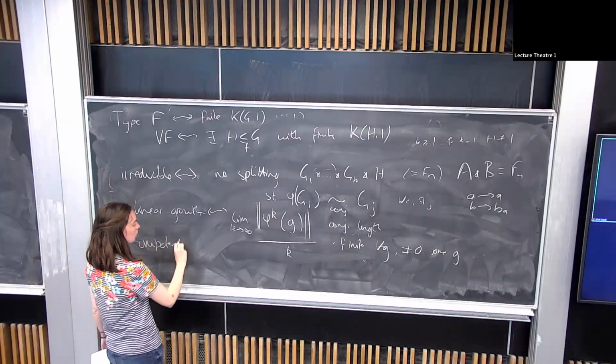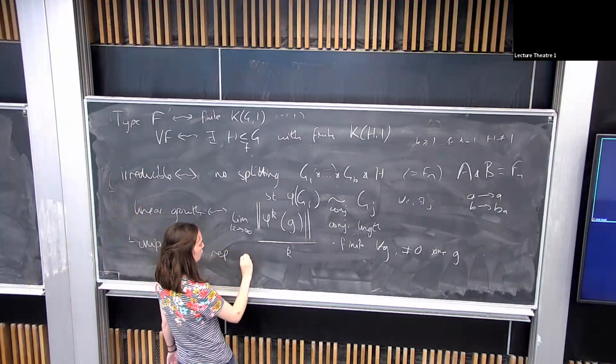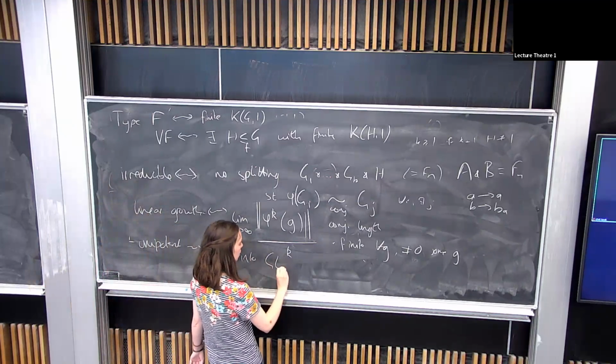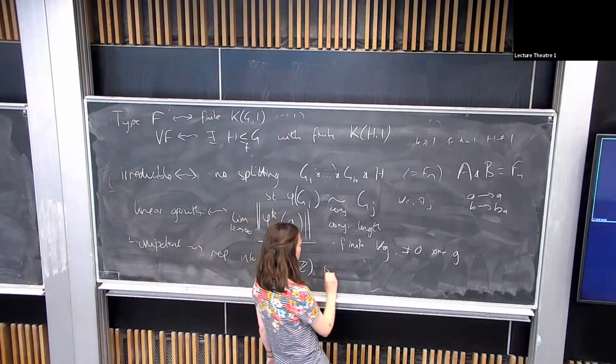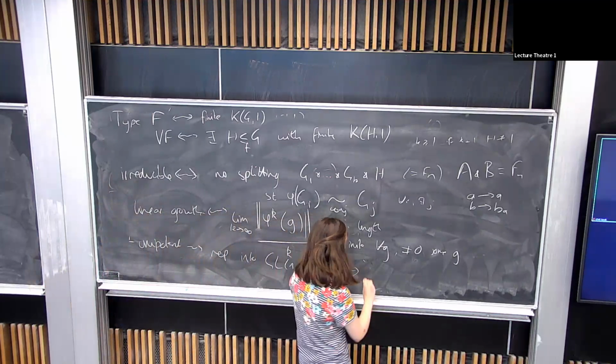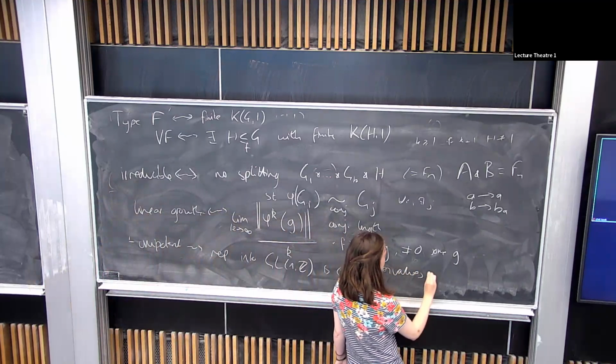Unipotent means that the representation into GL(n, Z) has eigenvalues that are all one.